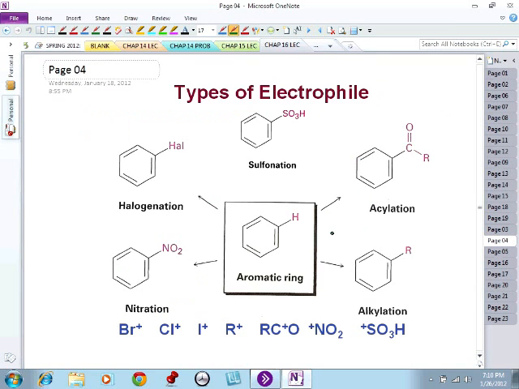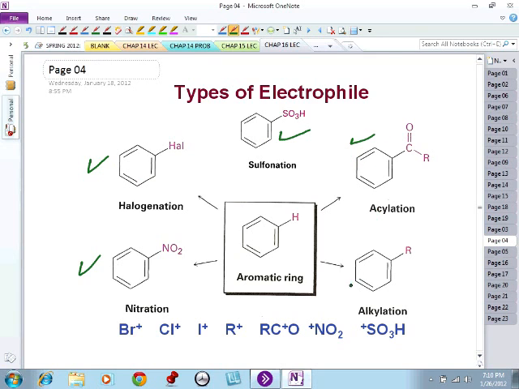Now, by now you know that we have been able to make all of these classes of compounds. So far we've shown you how to make the nitro group and nitrobenzene through nitration. Halogenation, we showed you how to do those. Sulfonation, you know all of the reagents to do this.